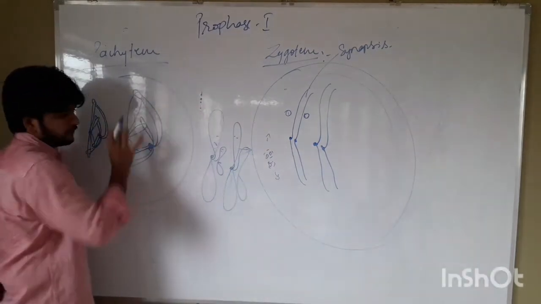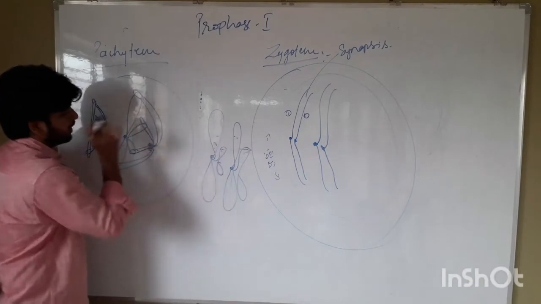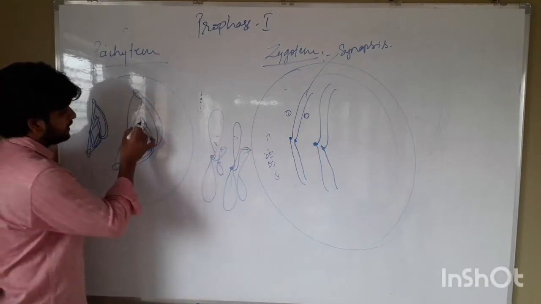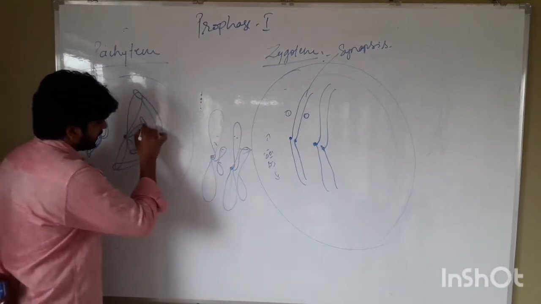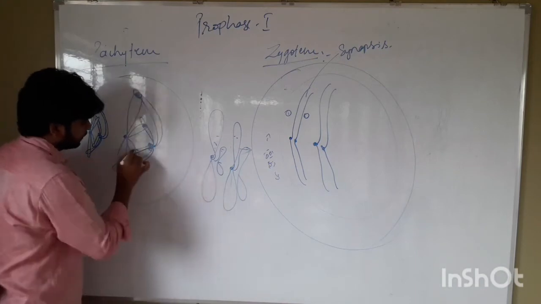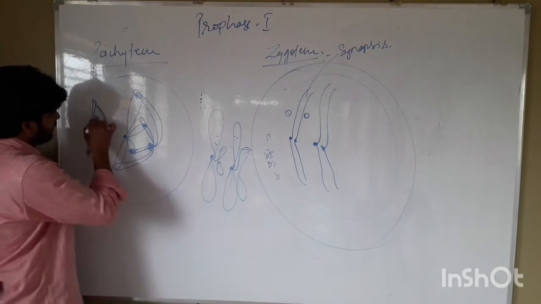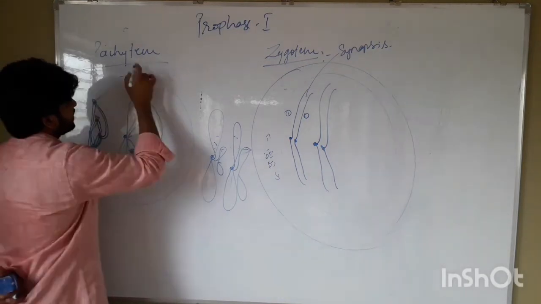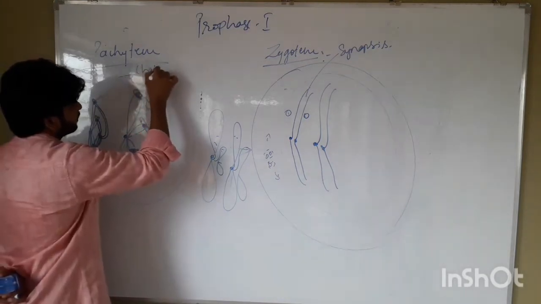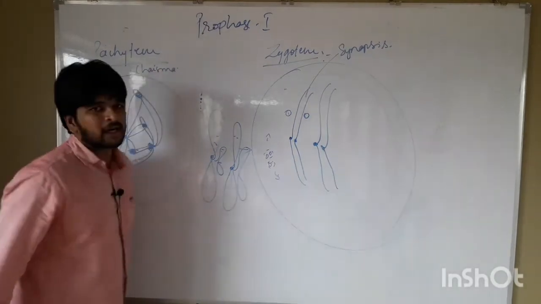The exchange of genetic material between the non-sister chromatids takes place. The point at which the non-sister chromatids of the paired homologous chromosomes have attached is called the chiasma.